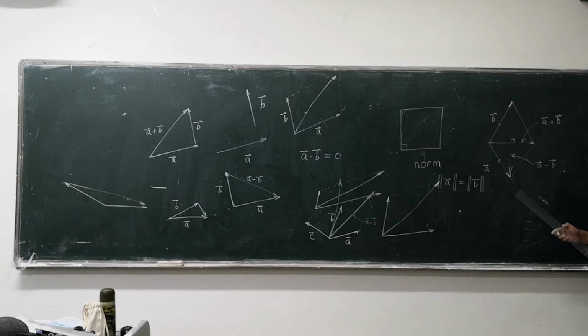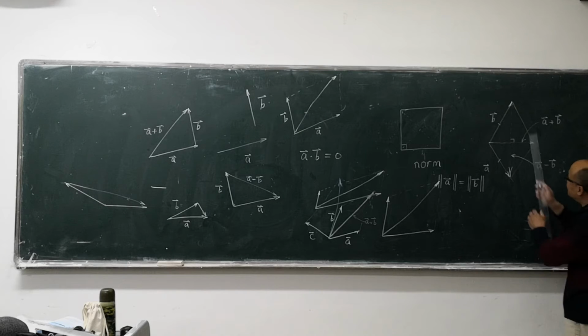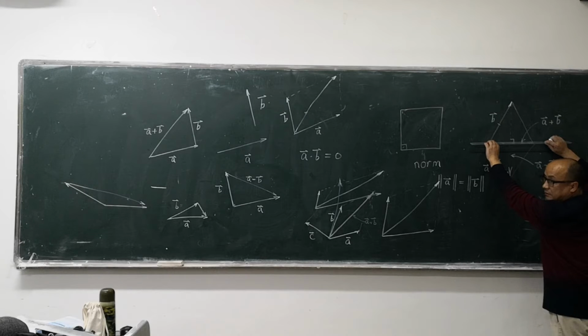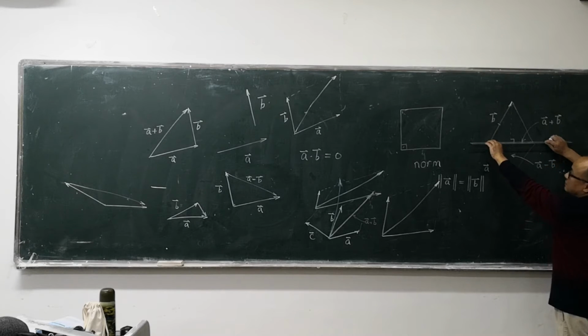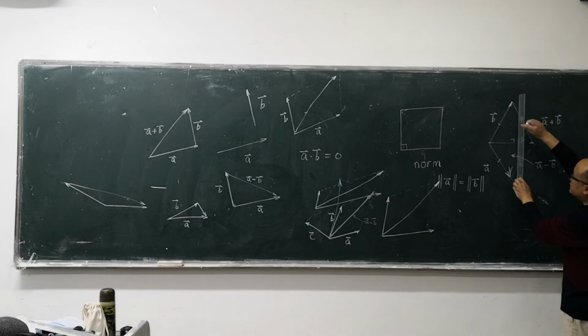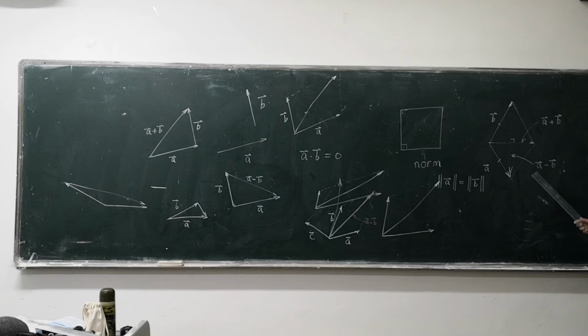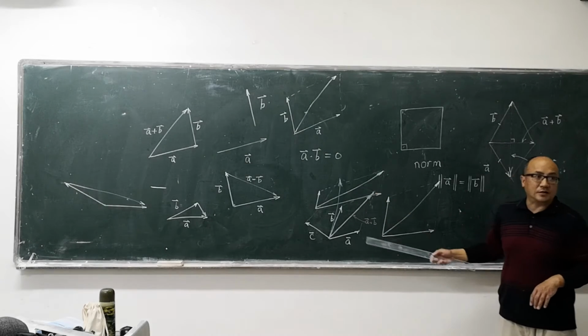Now, what's the question? The question is to prove this one and this one are vertical, right? And now we got the vector. This is a vector. This is the vector. We say the dot product.